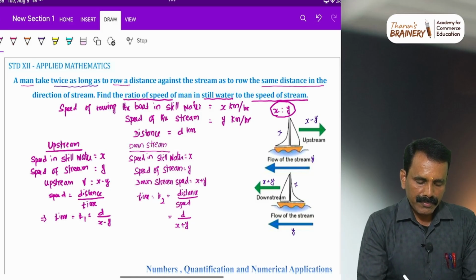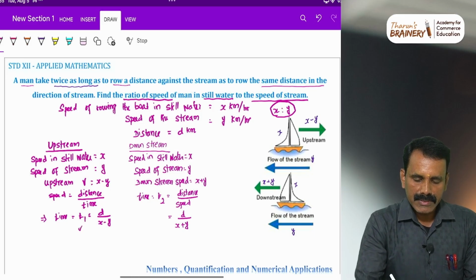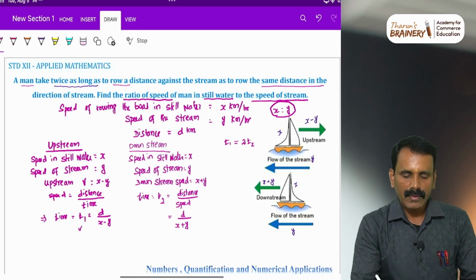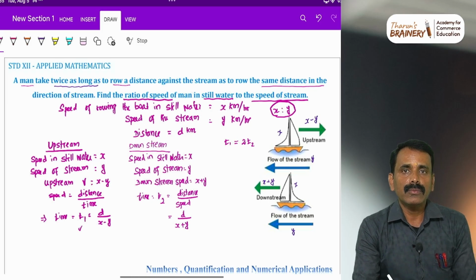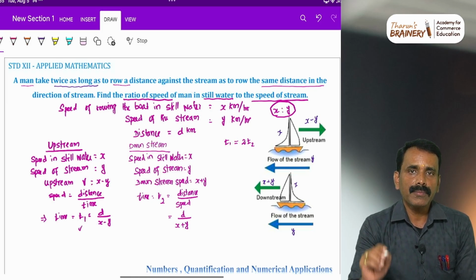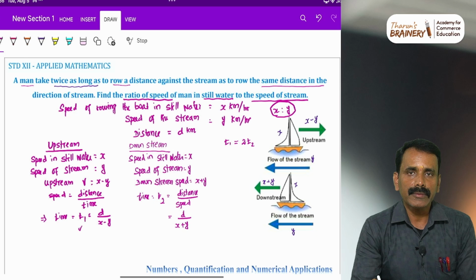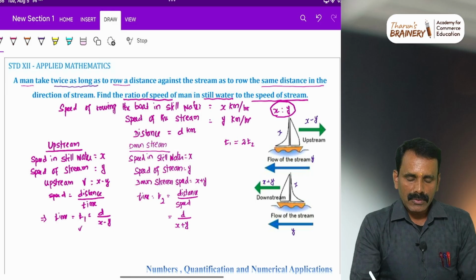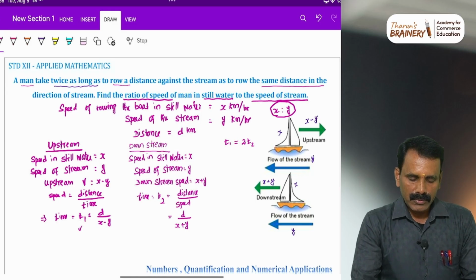Because in the upstream the time taken will be more, t1 is twice t2. t1 is the time taken to row against the flow of the water, and t2 is the time taken to cover the same distance along the water. When you travel along the water, the time is much less because the speed is more. So according to the data, t1 is equal to 2 t2.